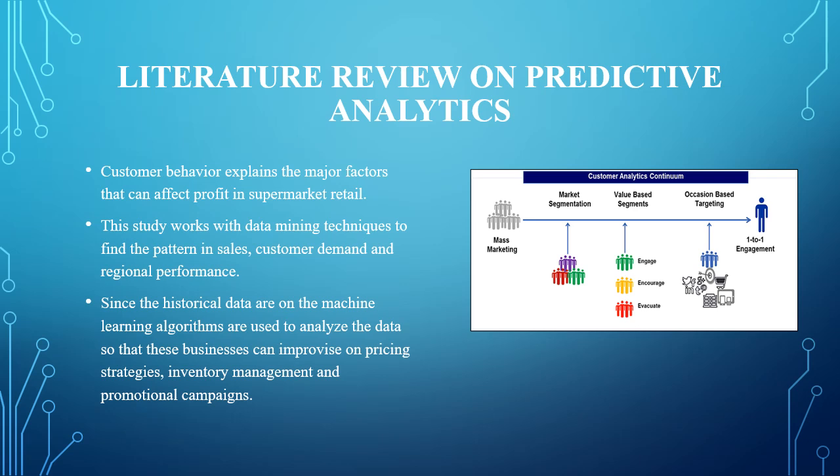Since historical data is available, machine learning algorithms are used to analyze the data so that the business can improve on pricing, inventory, segmentation, and promotional campaigns. Customer analysis covers customer segmentation, value of segments, and occasion-based targeting, as opposed to mass marketing and engagement.